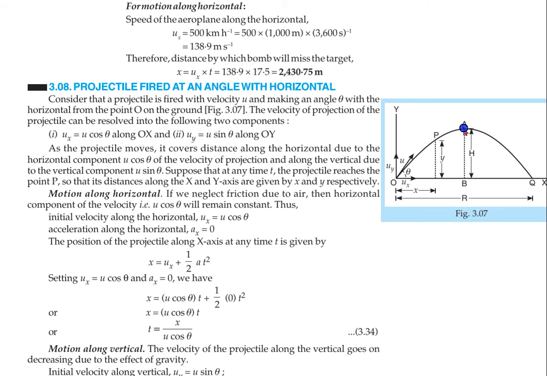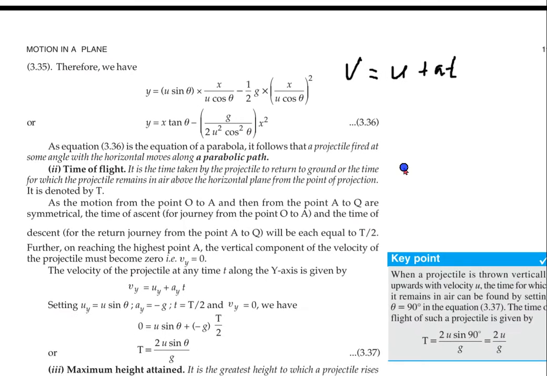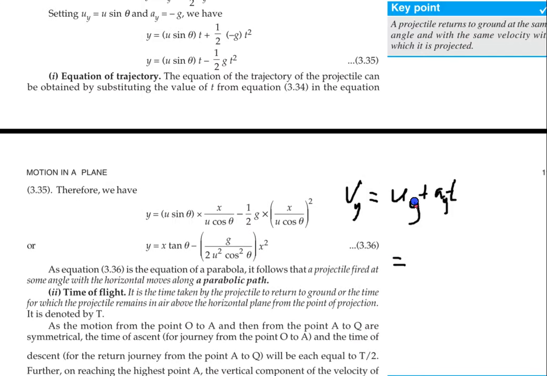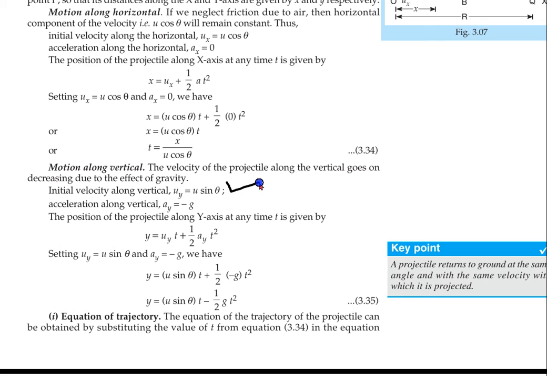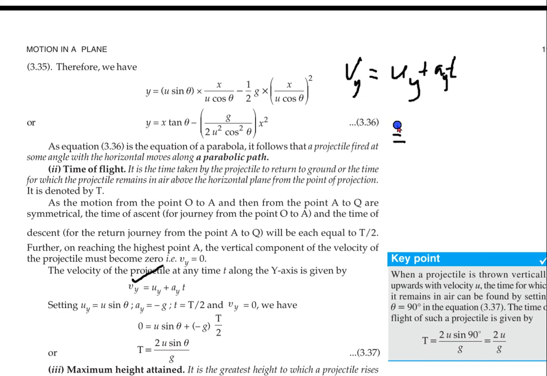I'll find the time the particle needs up to this point, in the upward direction. So the velocity will be Vy equal to Uy plus Ay t. Uy is U sine theta.